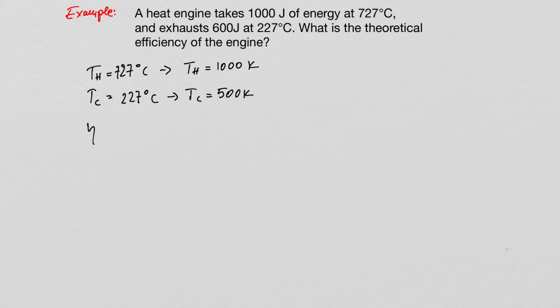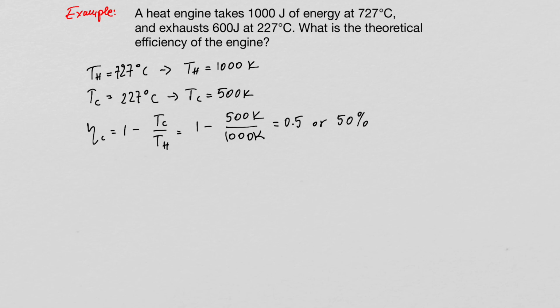The theoretical efficiency is equal to 1 minus TC divided by TH, so that is equal to 1 minus 500 Kelvin divided by 1000 Kelvin. This is equal to 0.5, or 50%.